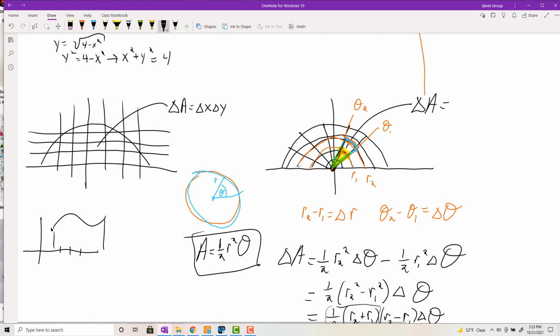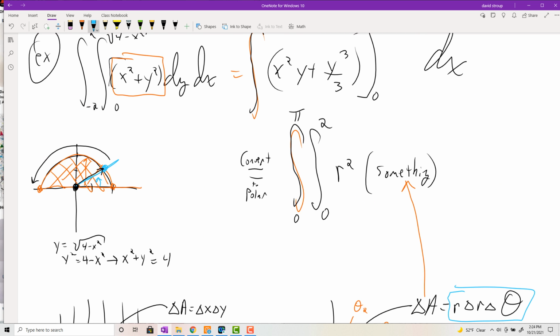But anyways, the sum is going to be, long story short, r times delta r delta theta. It's a lot like the area formula. It's just that as you move farther away from the origin, your little wedges are increasing in size. So you can see the wedge out here in blue is much bigger than the wedge inside here. It's increasing by a factor of r, and hopefully that will help you remember it's r dr d theta. Okay, that's what goes in there.